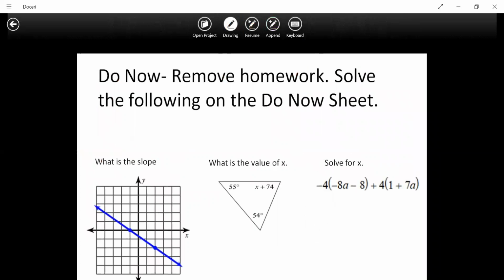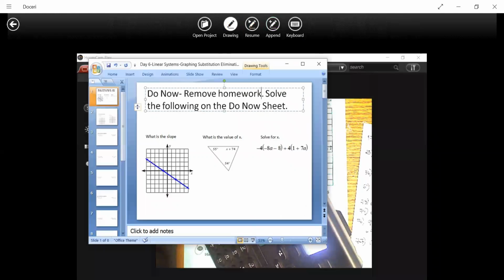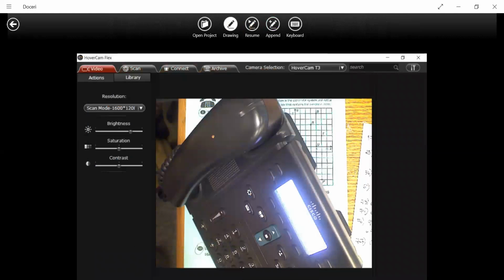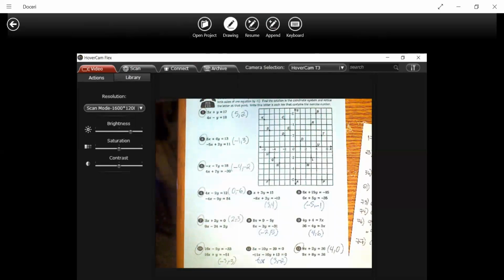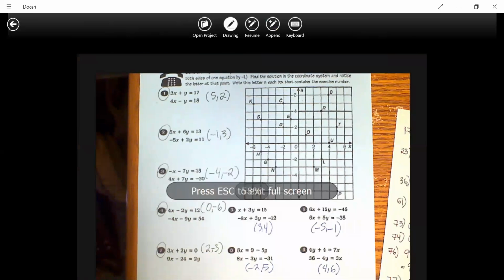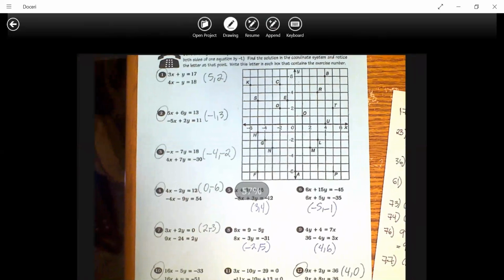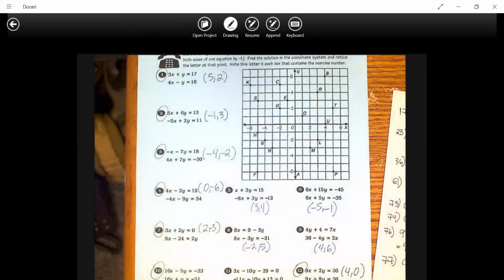Do me a favor. Have out your homework. I'm going to give you guys the answer key. The ones that are circled next to the letters, the ones you had to do.